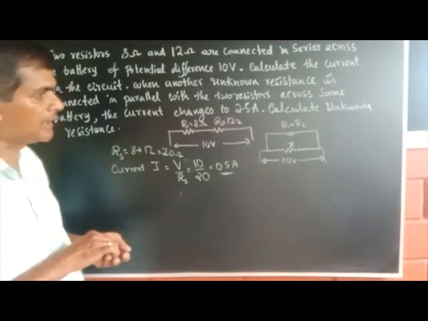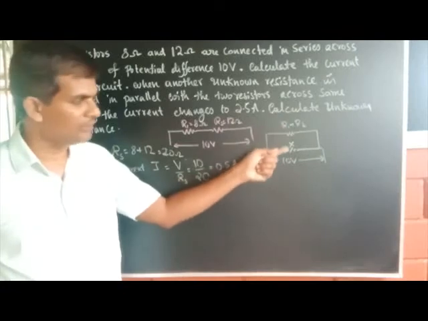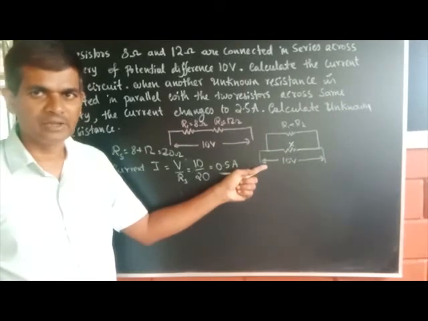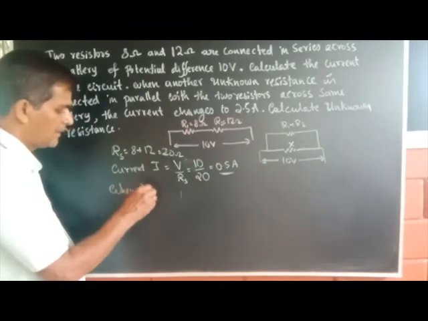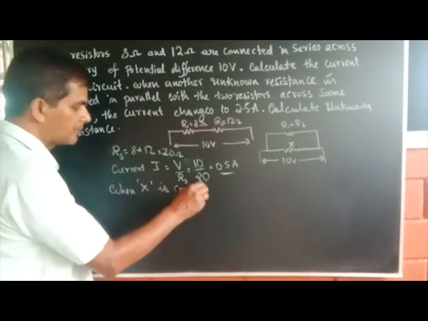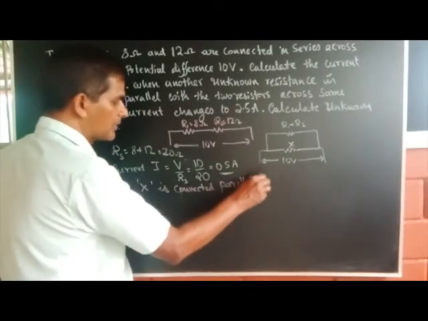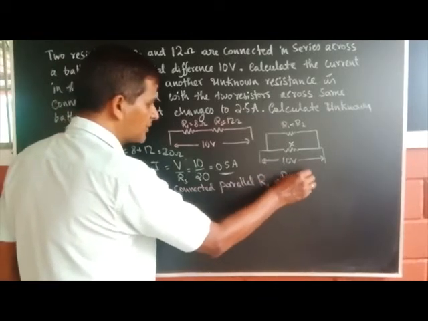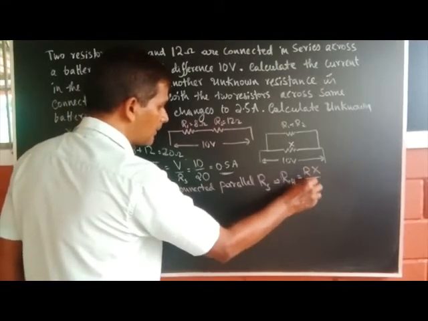Now another unknown resistance is connected in parallel, so the effective resistance changes, and the current changes to I, which is given as 2.5 ampere. When X is connected in parallel to RS, the effective resistance is the product of the resistances divided by the sum of the resistances.